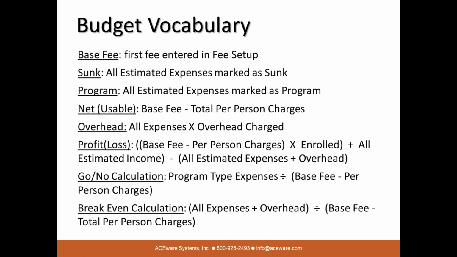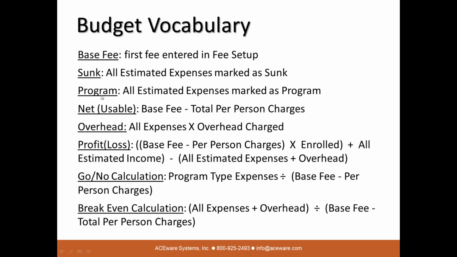All right, let's circle back and talk about budget vocabulary. Base fee, as we talked before, is your first fee. It is the registration fee number 1 in your fee list. Sunk costs are estimated expenses marked as sunk. Program costs are estimated expenses marked as program.